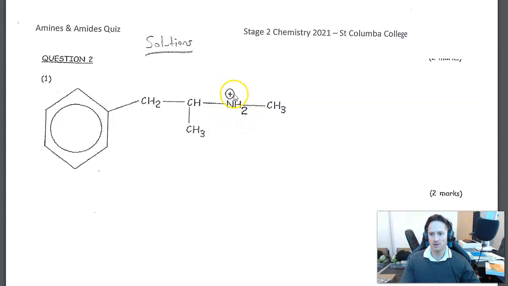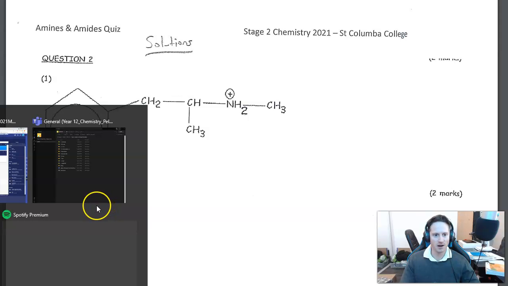So therefore that positive charge is on the nitrogen. Okay, so making sure you clearly show that. So 2 marks there. You might lose a mark, and some of you did, because you did the right thing, but the positive charge was over the hydrogen instead of over the nitrogen. So that's actually kind of important how we do that.